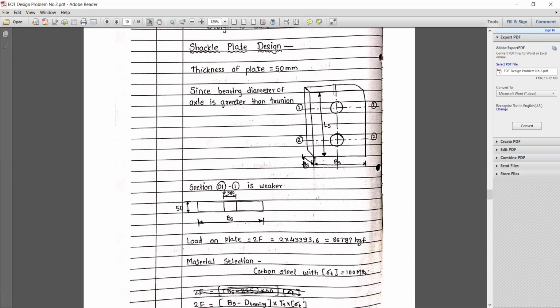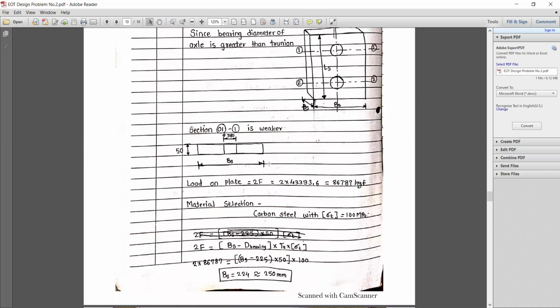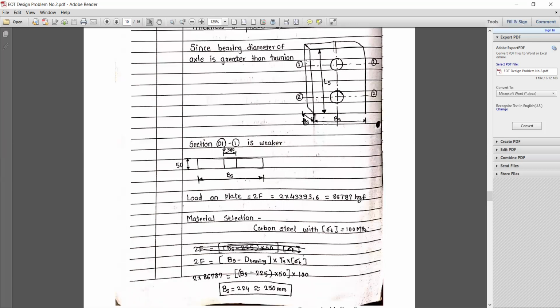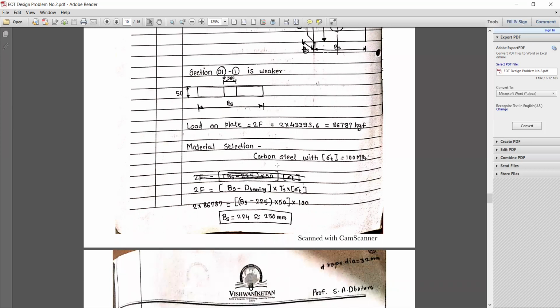Since the bearing diameter of the axle is greater than the trunnion, we consider section 1 is much weaker than section 2. So in section 1, we are putting the bearing over here, and we need to calculate the width of the shackle plate.